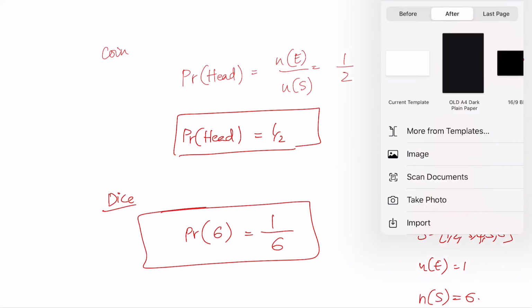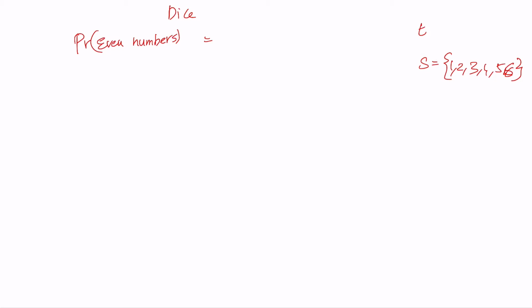Let's take another example. Let's say you are throwing a dice and you want only even numbers, so I am finding the probability of even numbers. Again we are using a dice, so the sample space contains 1, 2, 3, 4, 5, 6. The event that you want should only contain even numbers. There are 3 even numbers: 2, 4 and 6.